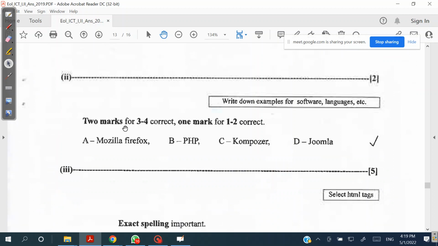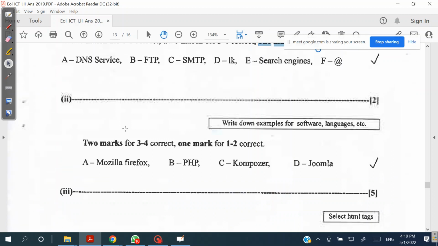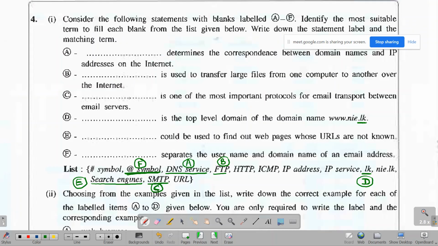The second part comes before we go to the HTML coding part.